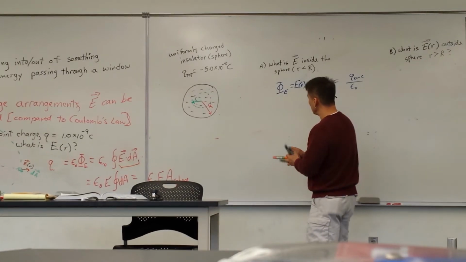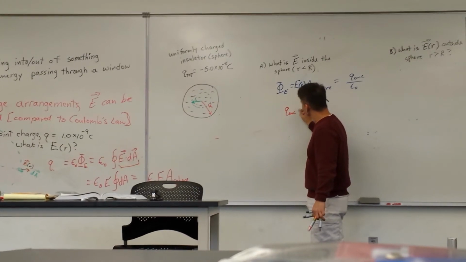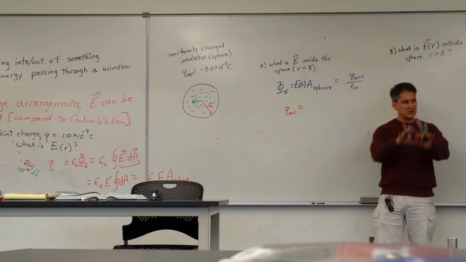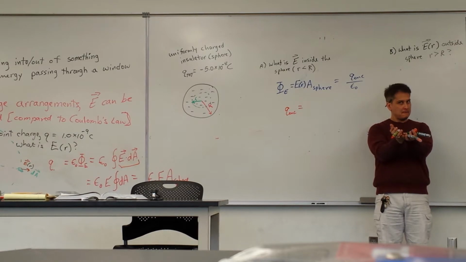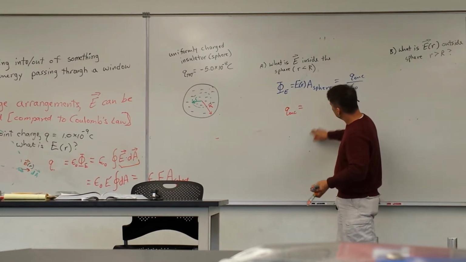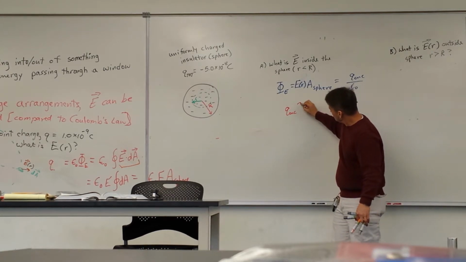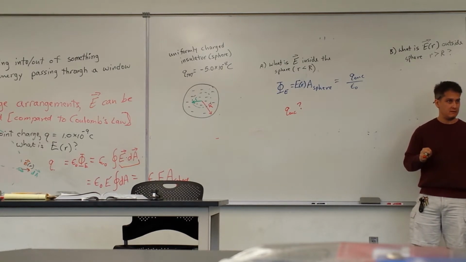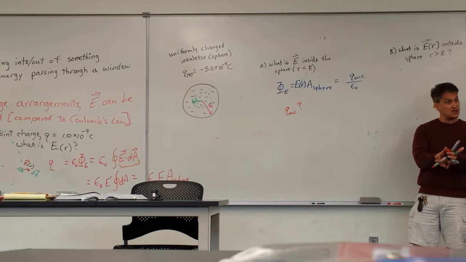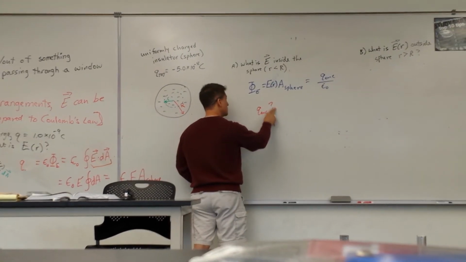We know what the area of the sphere is, but let's note Q enclosed, that's how much charge is inside this thing. We're going to have to figure out a separate way to get it. One way might be to use the ratio of the volumes.